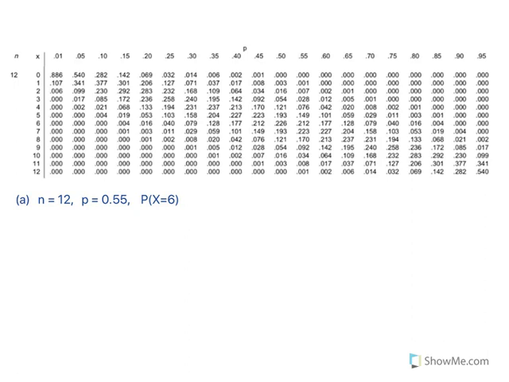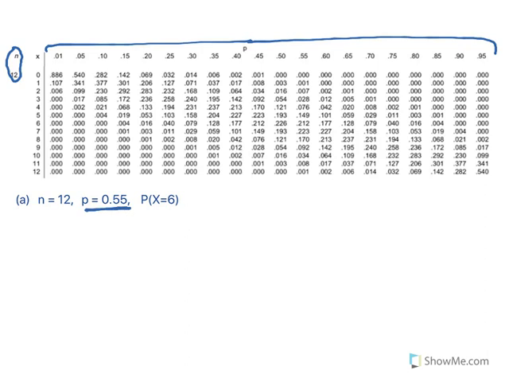I put the table here. You can see that I'm showing you that n is 12 here. Remember that p runs over here with all the different probabilities. But since we are saying that p equals 0.55, you only pay your attention to this column of the table. And then you want to solve probability of x equals 6. Remember that x is here.